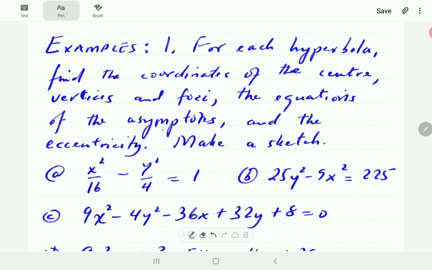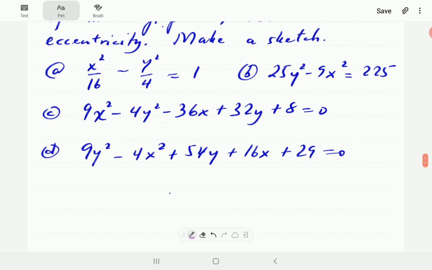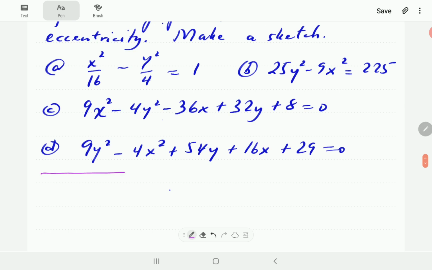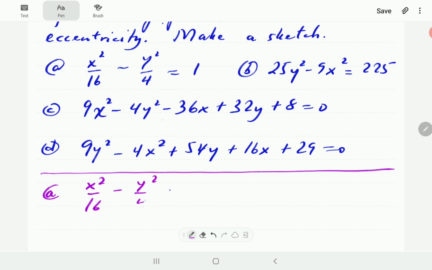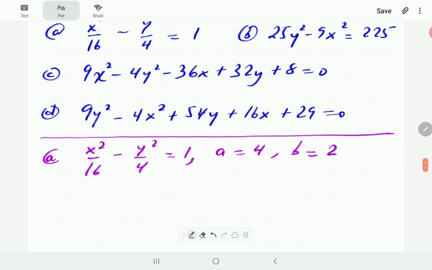So let's start with a. The equation is x squared over 16 minus y squared over 4 equals 1. So here a is going to be the square root of 16. We said a is always the one that's dividing the positive term.